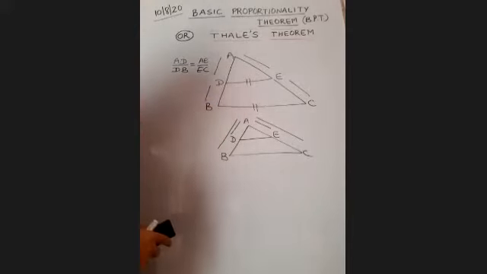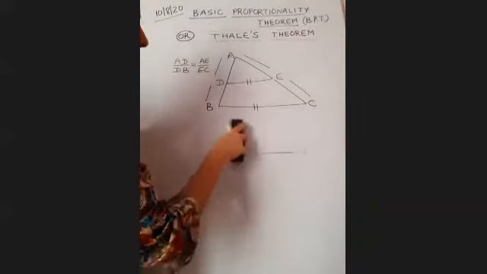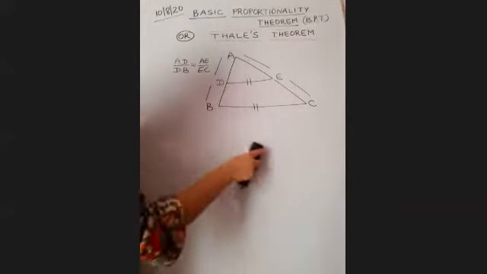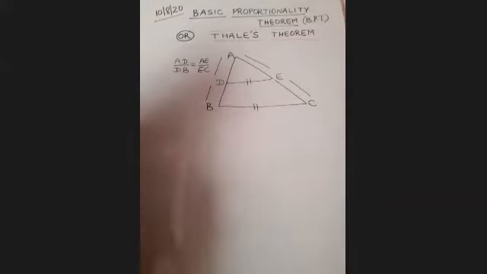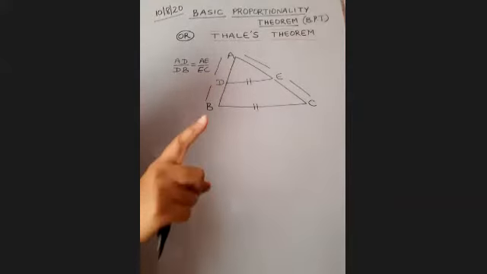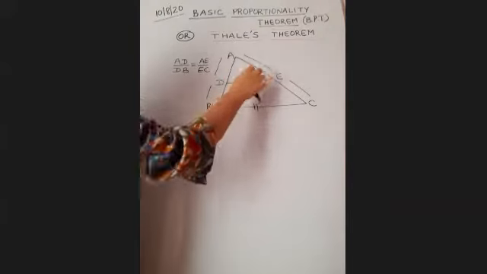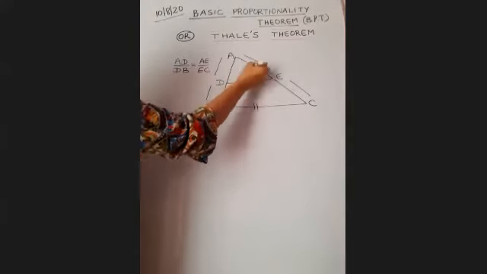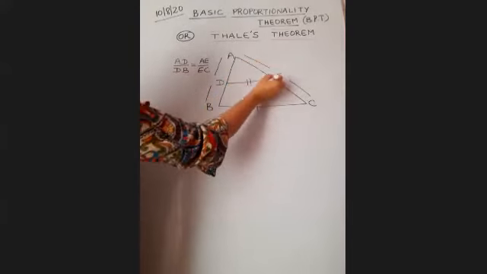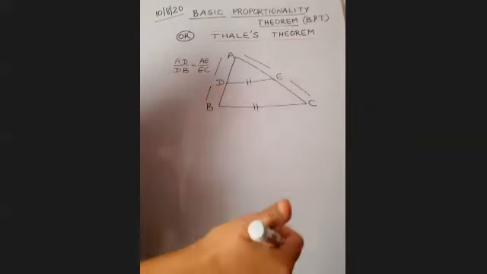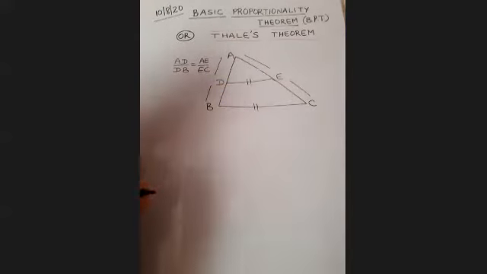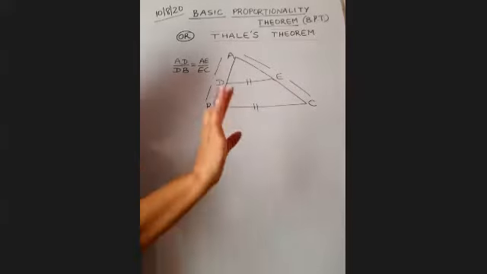Clear, Aditya? Ma'am, in the first figure, D and E are midpoints, right? No. I never mentioned midpoints. You can draw DE here, you can draw DE here as well, anywhere in the triangle. Ma'am, if DE and BC are parallel then they will not be midpoints.